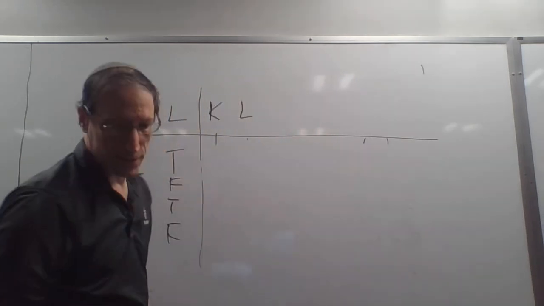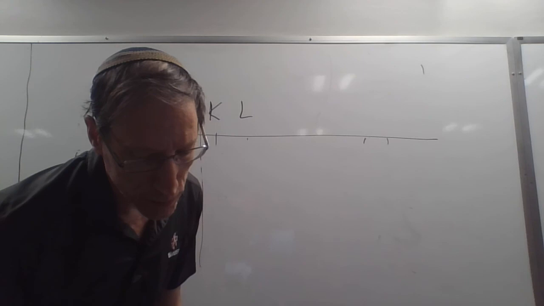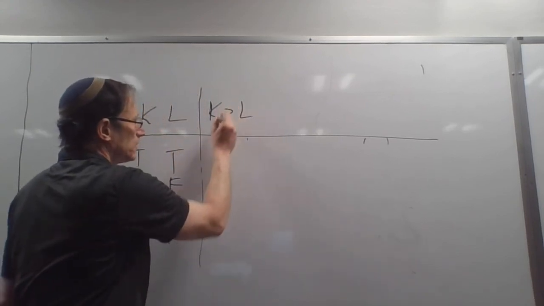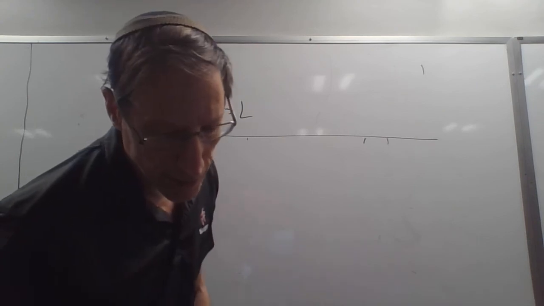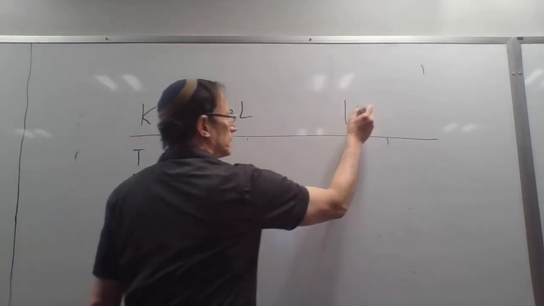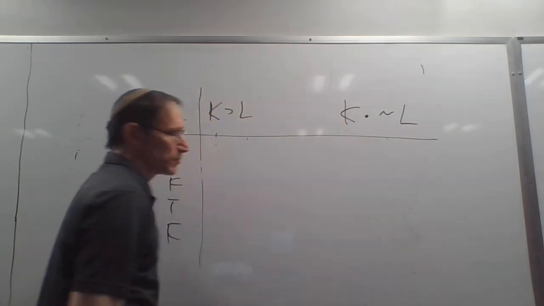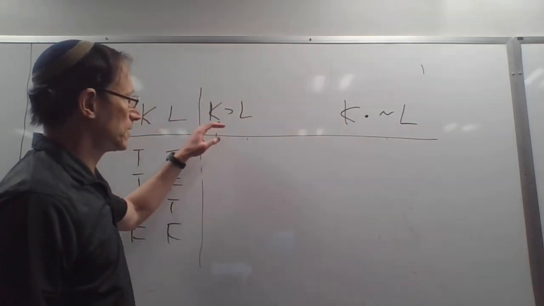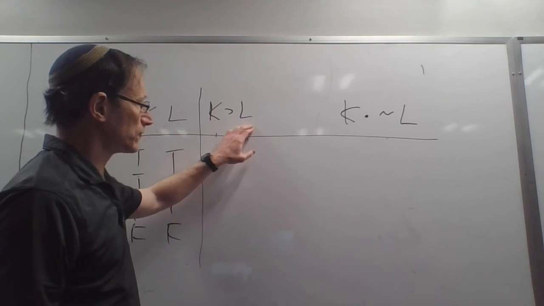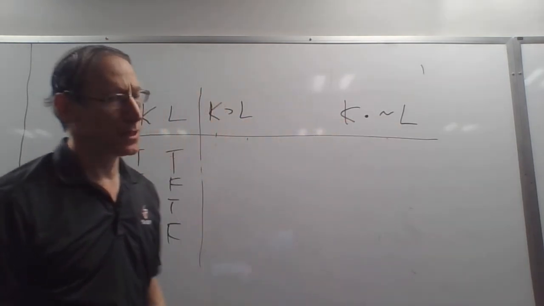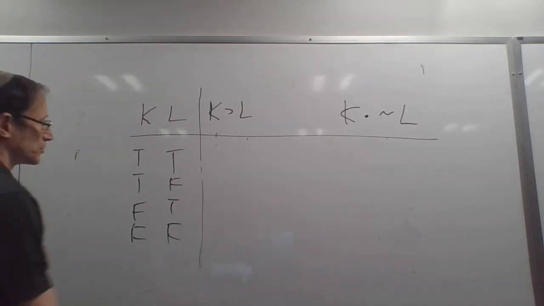You have, let's say, K horseshoe L and K dot not L. It should be contradictory because this says if K is true, L is true, and this says K is true and it's not the case that L. So this should be a contradiction.